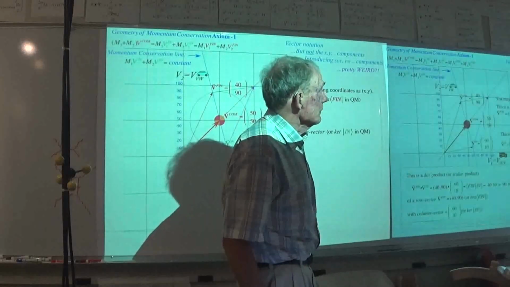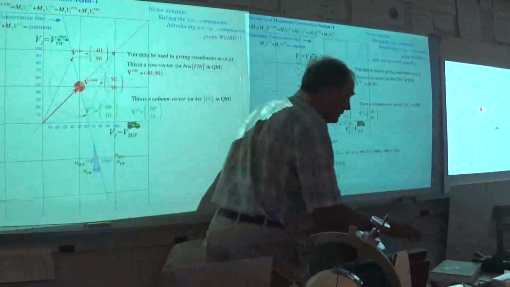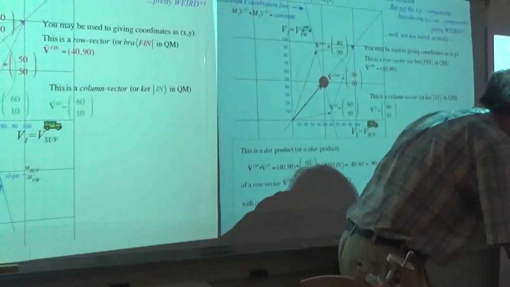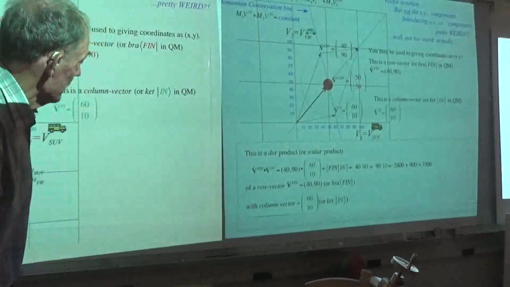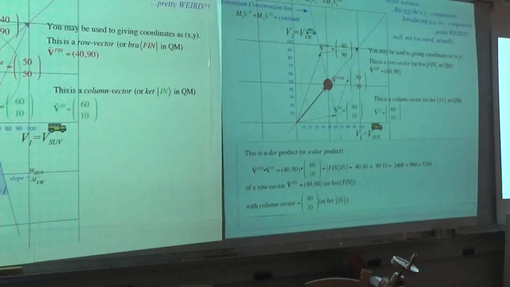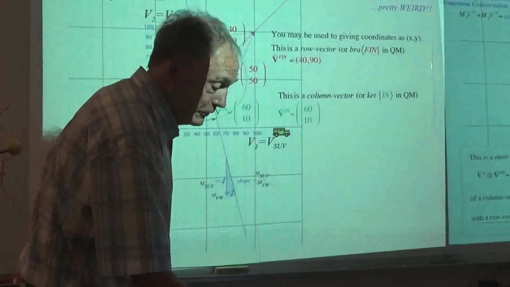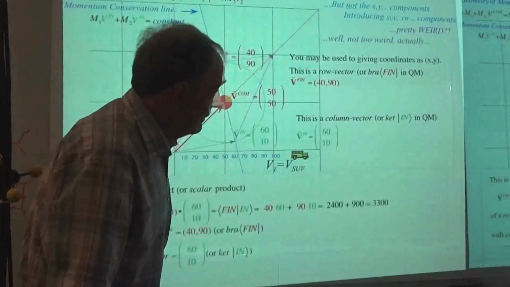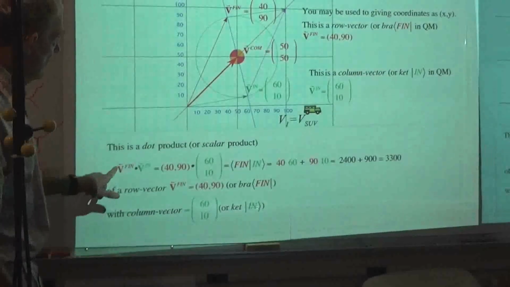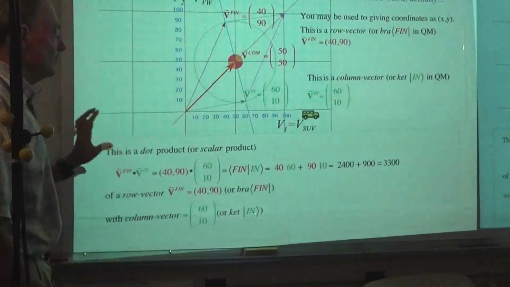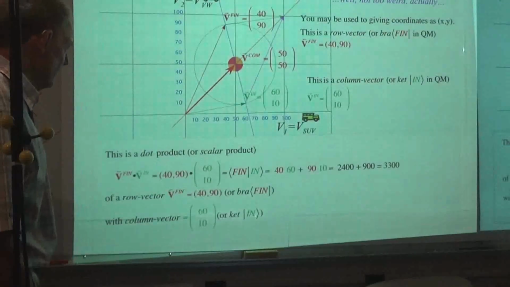This is the first thing that they do, is make dot products. Dot product between a bra and a ket. The secretarial rules are fairly simple. There's the outer product. I'll get that in a minute. Here's the dot product again. So v_fin dot v_n is a number that we're going to be kind of interested in here.